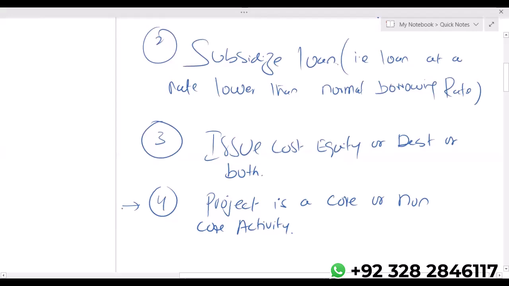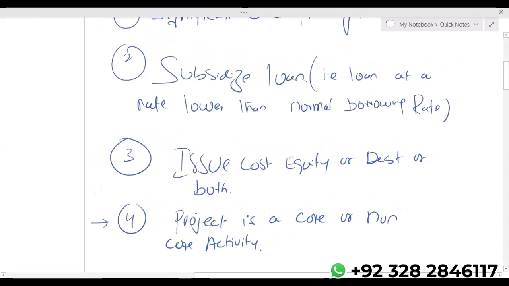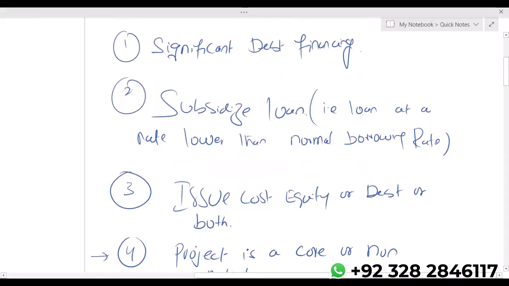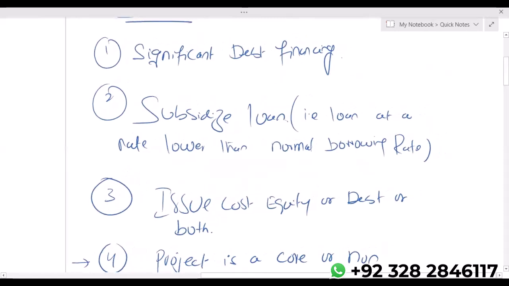Non-core activity is diversification. So either you will be investing in the core activity or in the non-core activity. It means the last condition is always fulfilled, which means the first three conditions are extremely important.